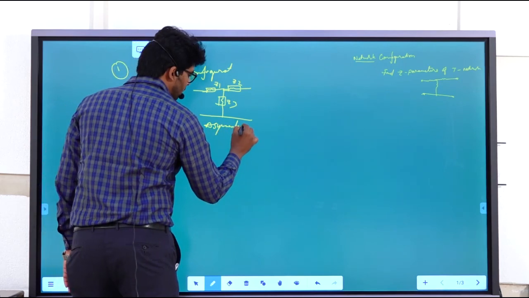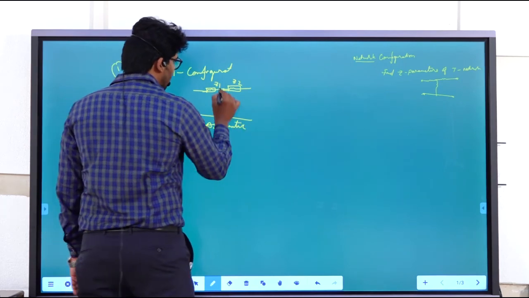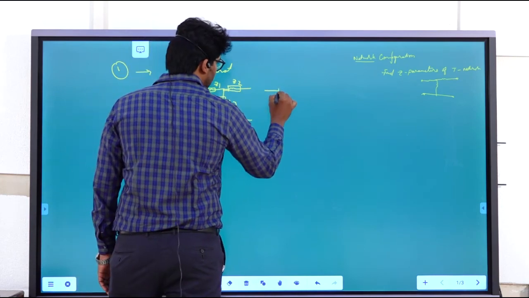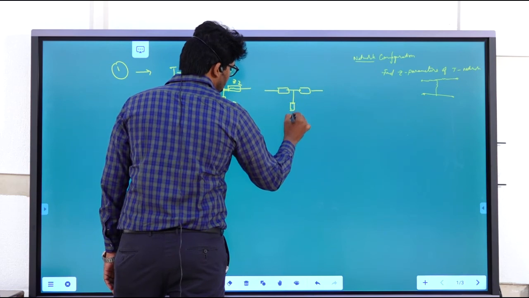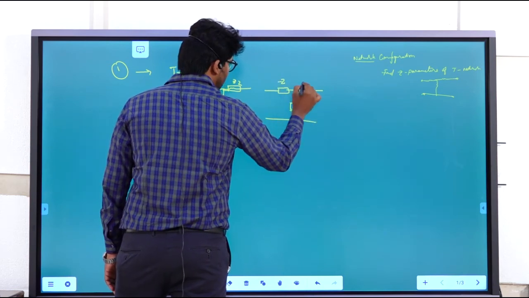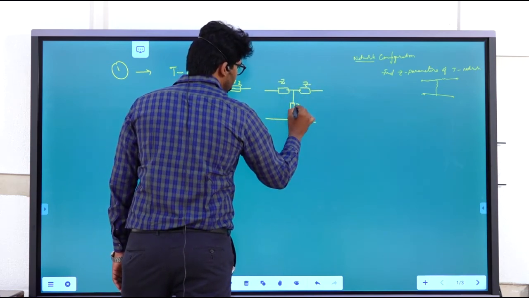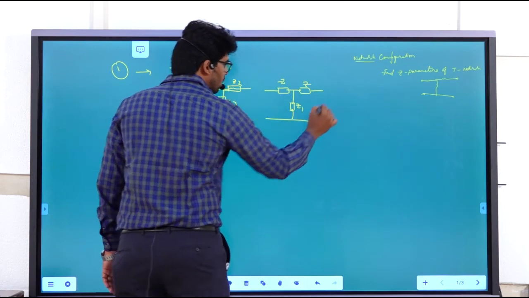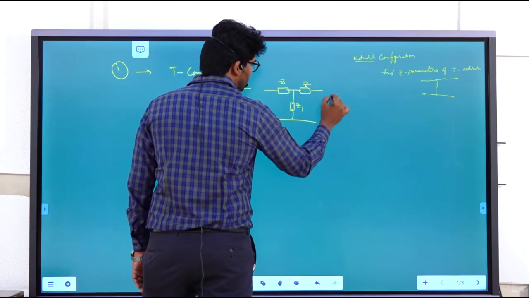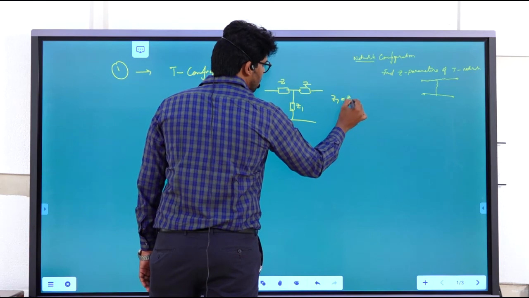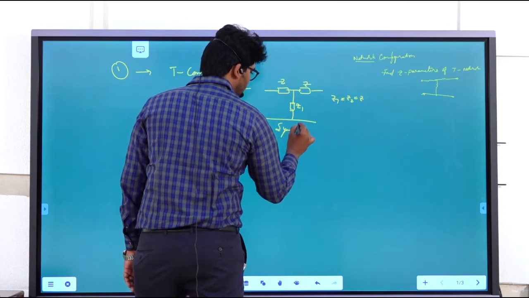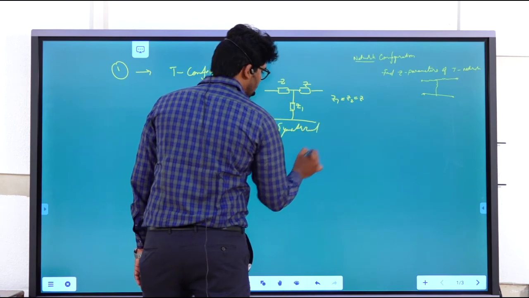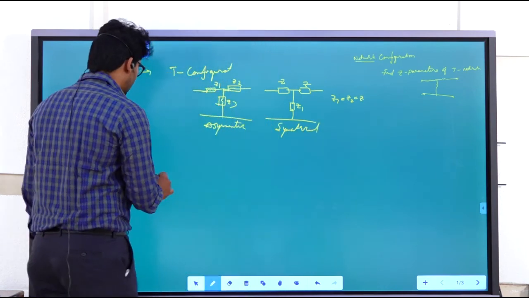If Z1 equals Z2, that is Z1 equals Z2 equals Z, and the third is Z3, this will become a symmetric configuration. Okay, this is the T network.